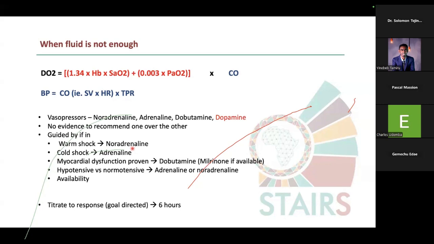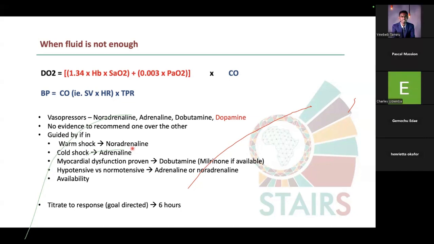However, one thing we know is that these other options are way better compared to dopamine. So in a lot of settings, dopamine has been relegated to the background. In some settings, they restrict it to the rural or peripheral facilities where they may not have ready access to noradrenaline, adrenaline, and dobutamine.